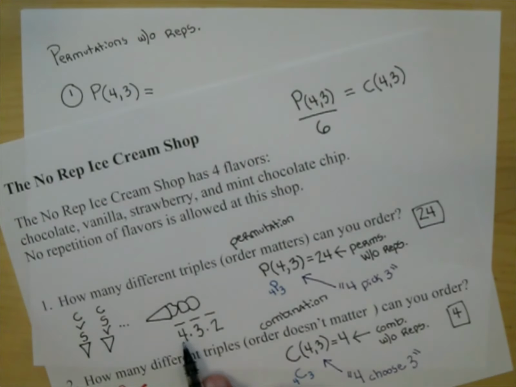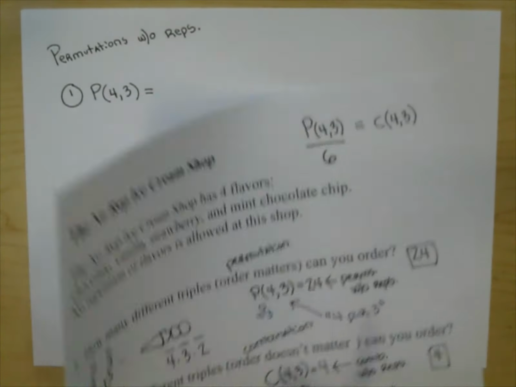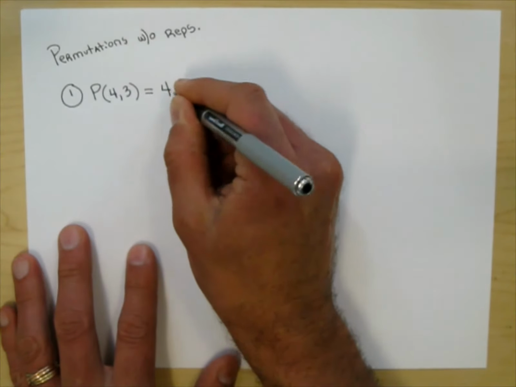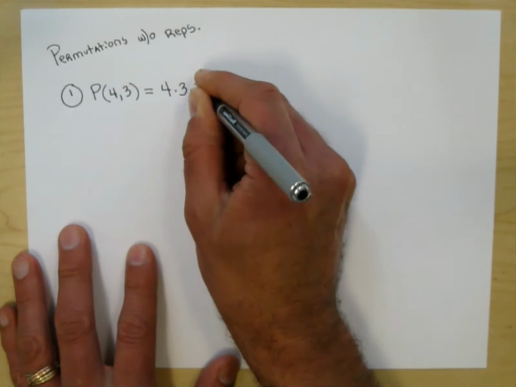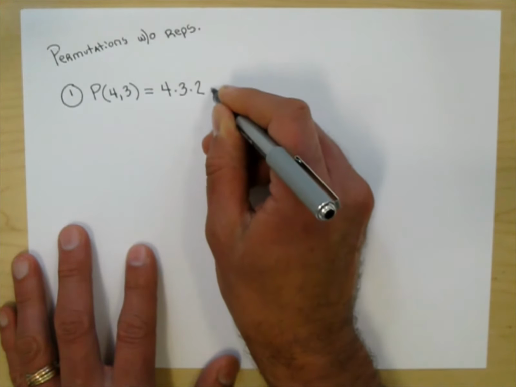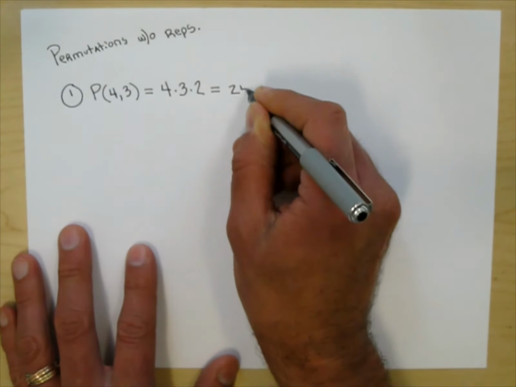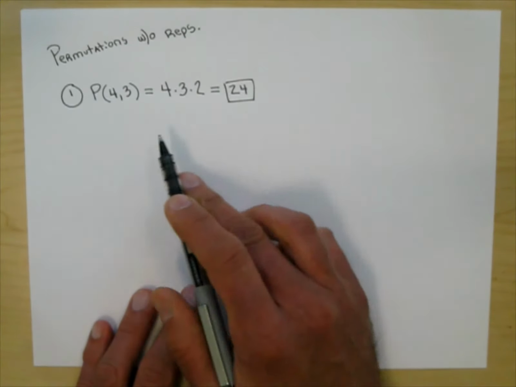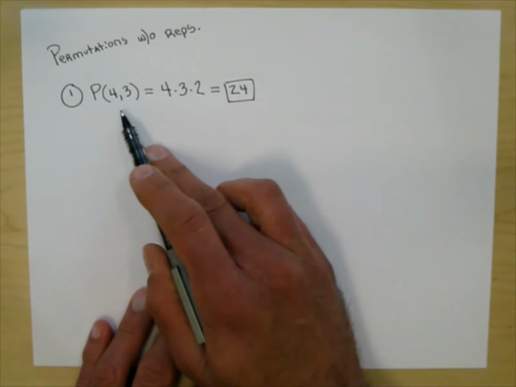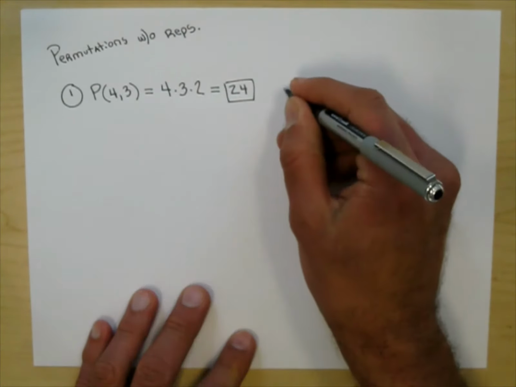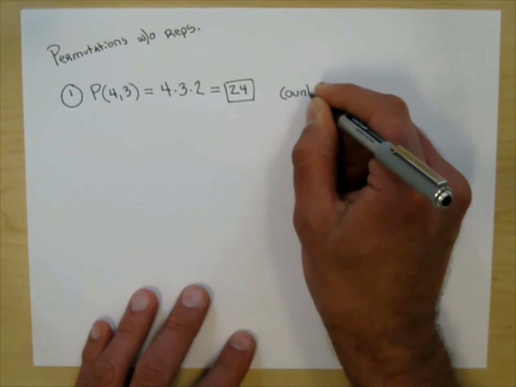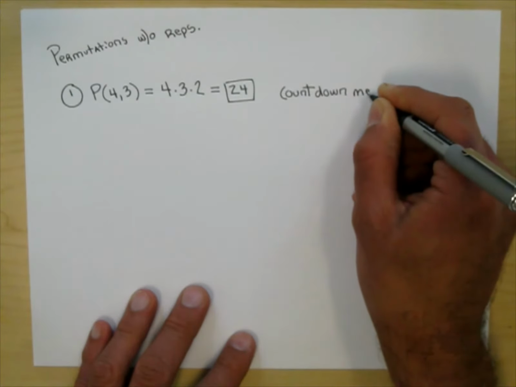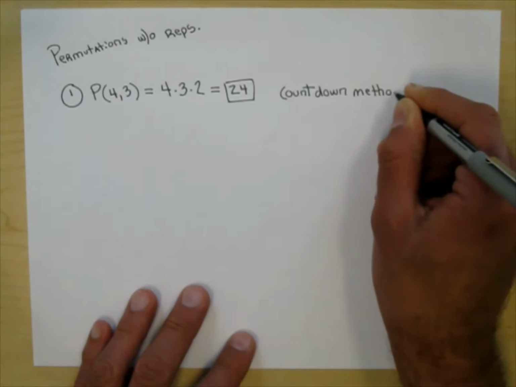But we also did this and we said it's like 4, 3, 2. So let me write that down. 4, 3, 2, which gives us the answer of 24. So our first method of cranking out permutations, when you're just given this, is called the countdown method, which will work most of the time.